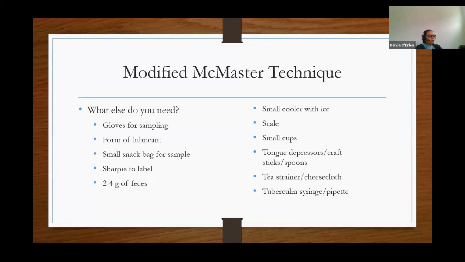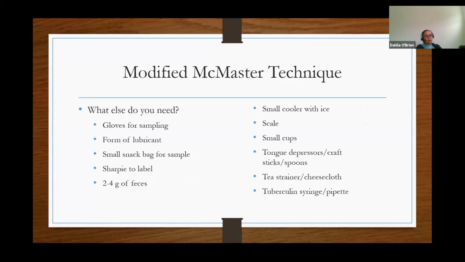Remember that if you have loose stools or excessive moisture in the stool, then that's going to make that sample heavier, just because it's moist. And so if it has a little bit of moisture, you will need less sample than if it's a dry sample.